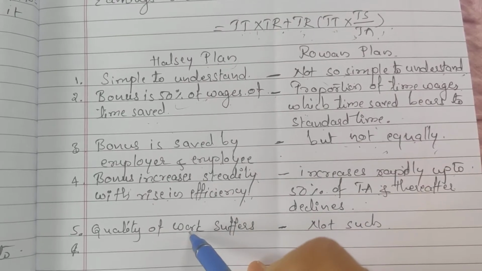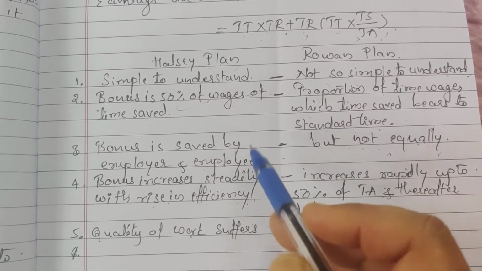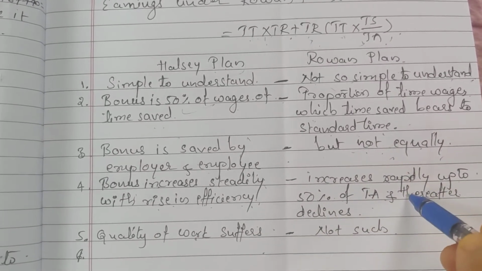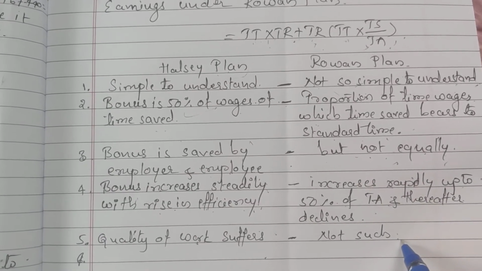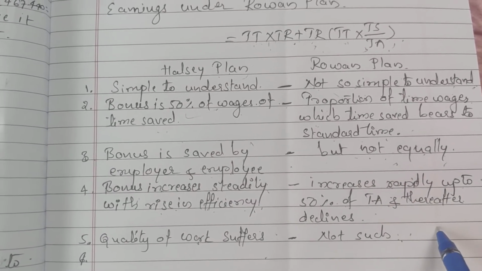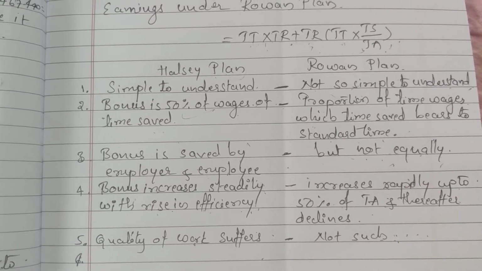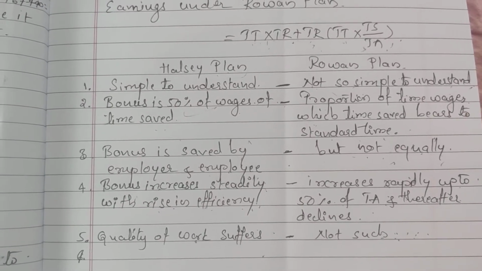In the Halsey plan, quality of work suffers because the bonus is split between employer and employee. But in the Rowan plan, it is more beneficial to the employee. Therefore, there is not such suffering to the workers because they are getting more wages under the Rowan plan.